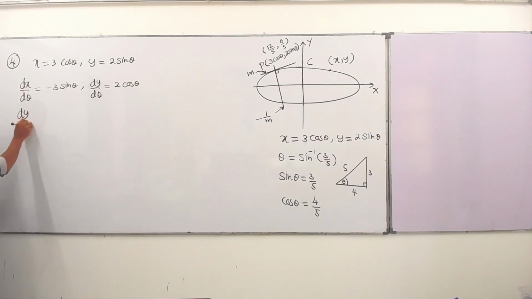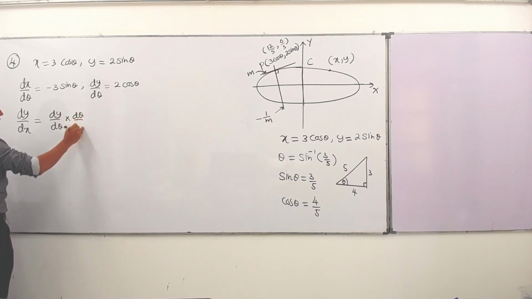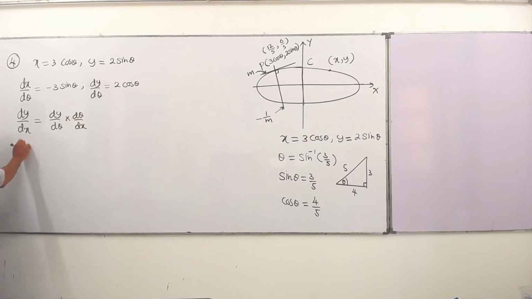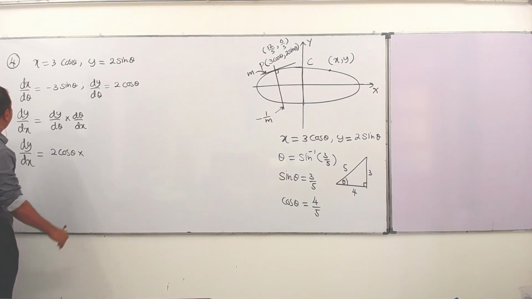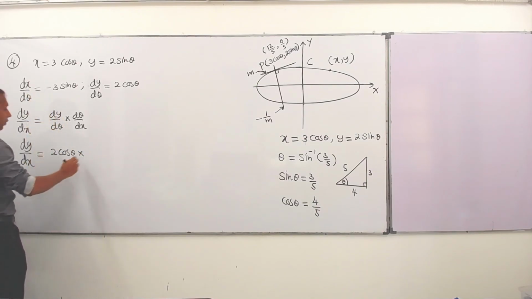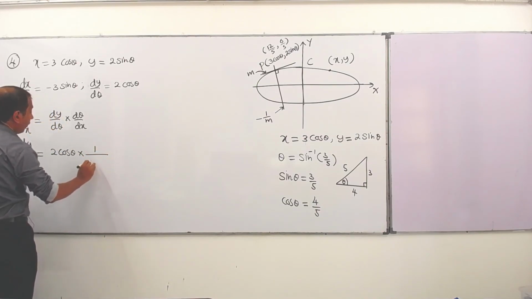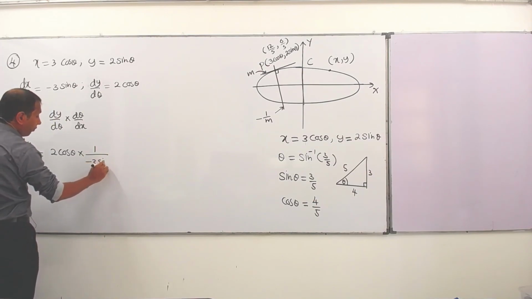By the chain rule, we can write dy over dx as dy over d theta multiplied by d theta over dx. dy over d theta is 2 cos theta, and d theta over dx is the reciprocal of dx over d theta, 1 over minus 3 sin theta.